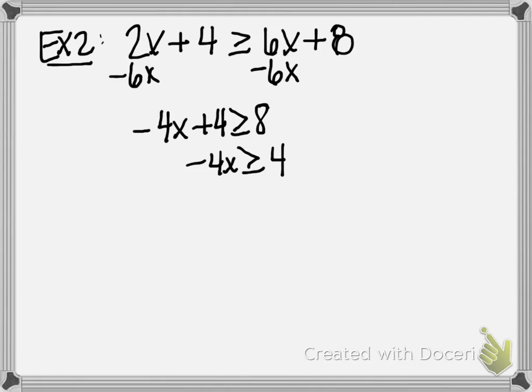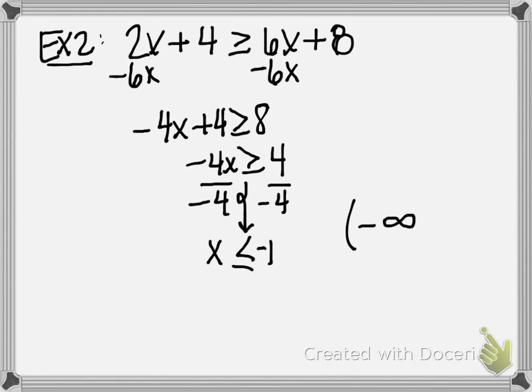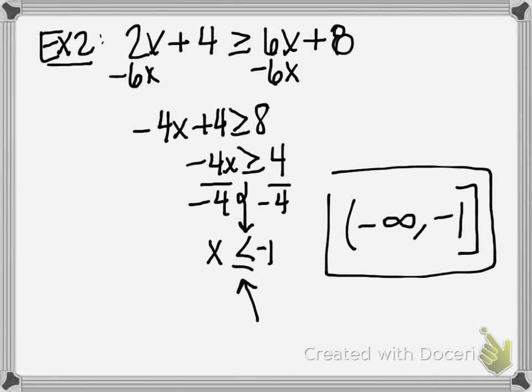And so now I've got a negative 4 that needs to be divided. I'm careful: when I divide by a negative, I must flip my inequality from greater to less or less to greater. So I'm going to write that inequality before I forget, and then I get a negative 1. I'm going from negative infinity to negative 1, using parentheses with that infinity. Because this is an equal to and it's underlined, I'll use a closed bracket on the negative 1.